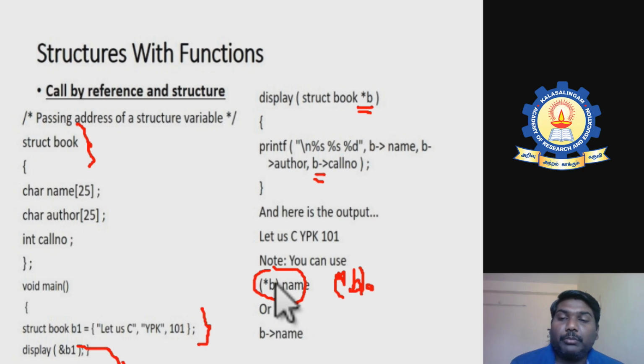Open and close braces you must use here. Otherwise, if you're not using this, you can use a minus symbol and a greater than symbol to get the values. So b pointing to the name, we are having the name that is in the output. Then b pointing to the author, we are having the author here. And b pointing to the call number, we are having the call number.